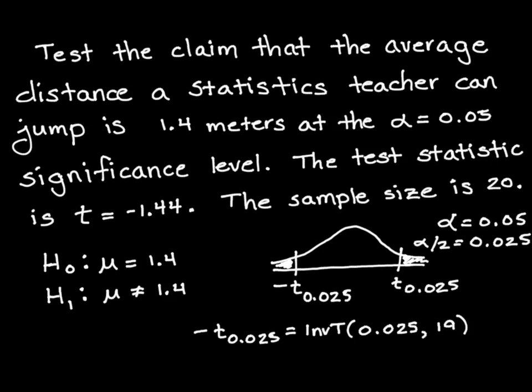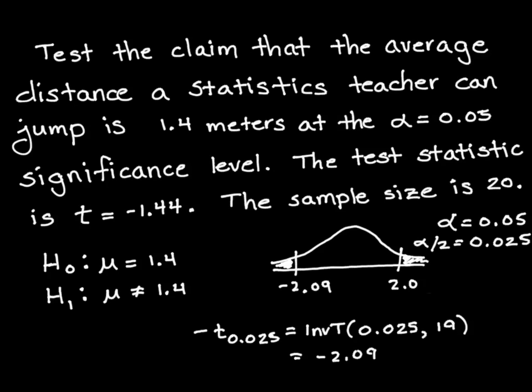So we can find negative t sub 0.025 by using the inverse t function in the calculator. We put in the area in the tail, which is 0.025, and then the degrees of freedom, which is 19. Since the sample size was 20, we just subtract 1 from that, and we put in 19 for the degrees of freedom. And that gives me negative 2.09.